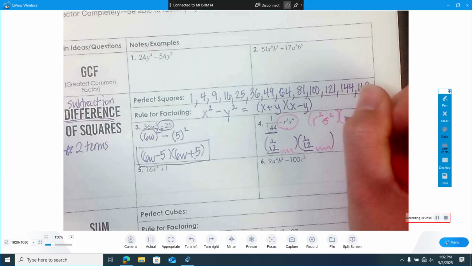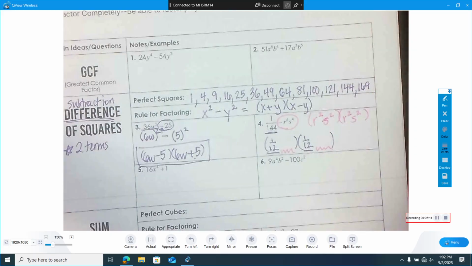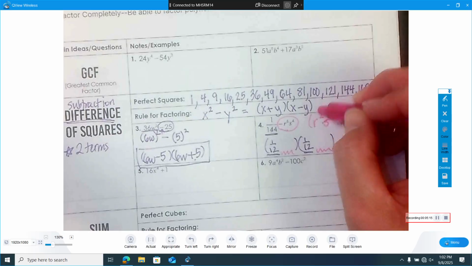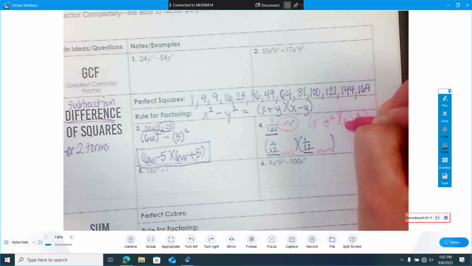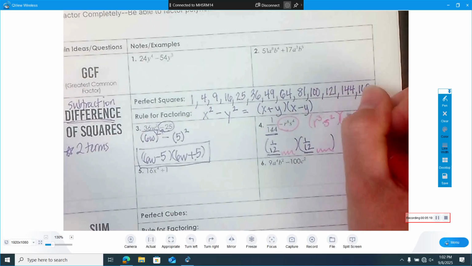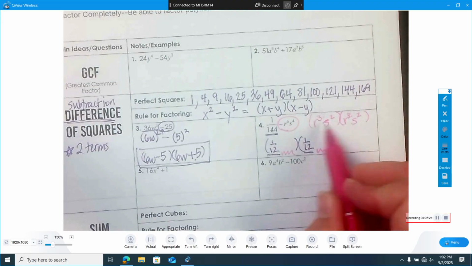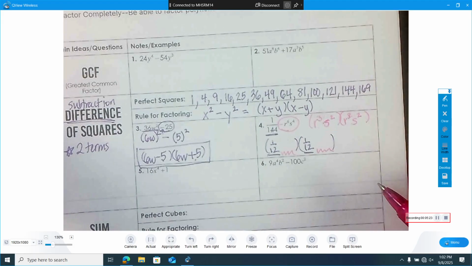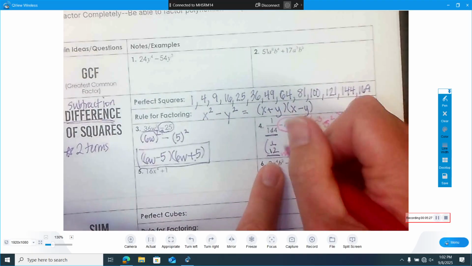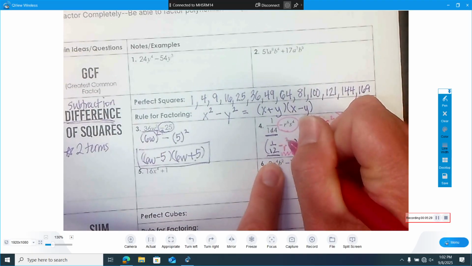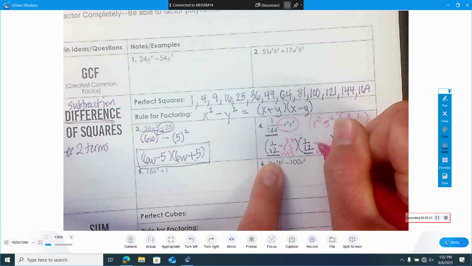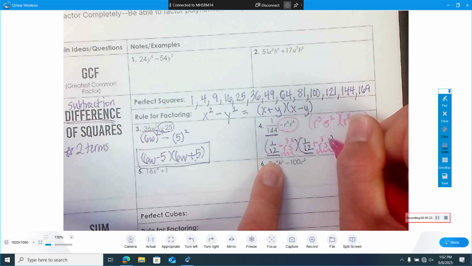If I multiply those together, does that give me r to the 6th? No, the r needs to have one that's a 3 and one that's a 3. They have the same base. What do you do to the exponents? You add them. So, negative r cubed s squared and positive r cubed s squared.